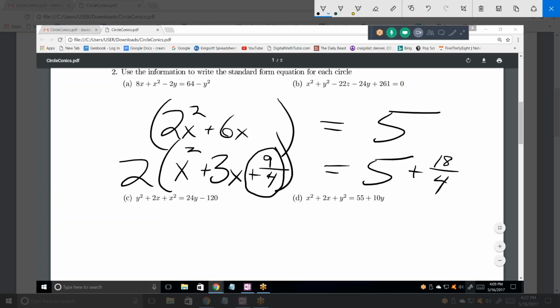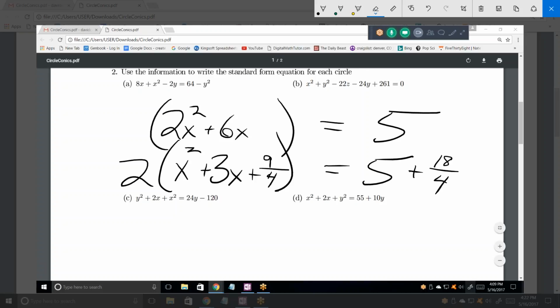That's why I wanted to show you this problem: if you start with a coefficient in front of the squared term, you have to factor it out, even if it doesn't factor evenly. And then when you complete the square, this term has to be multiplied by the coefficient. In other words, when I write 9/4 in there, I'm adding 18/4 to the left side of the equation. And remember what my goal is: to go from step to step without changing anything.